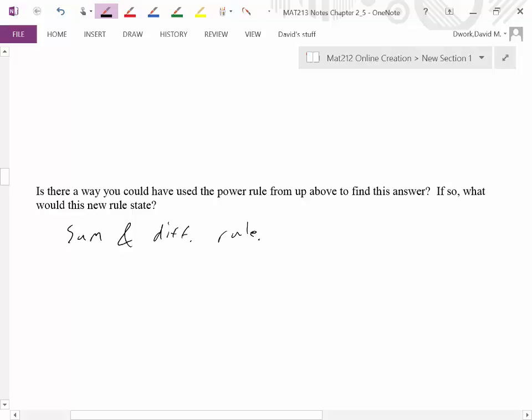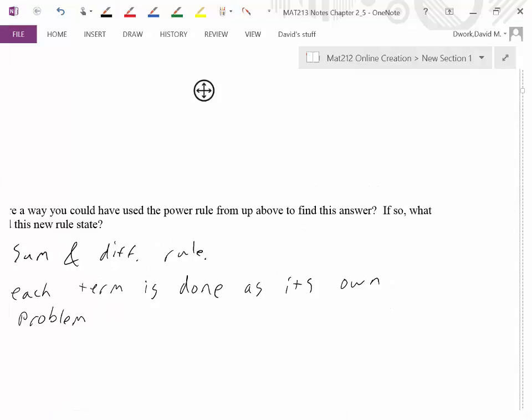Well, it says when you have sums and differences, each one, and the mathematical word for that is terms, so each term is done as a separate derivative. Or you could think of it as being done as its own problem. I'll say each term is done as its own problem. So you just look at it as if it was 3 separate derivatives.